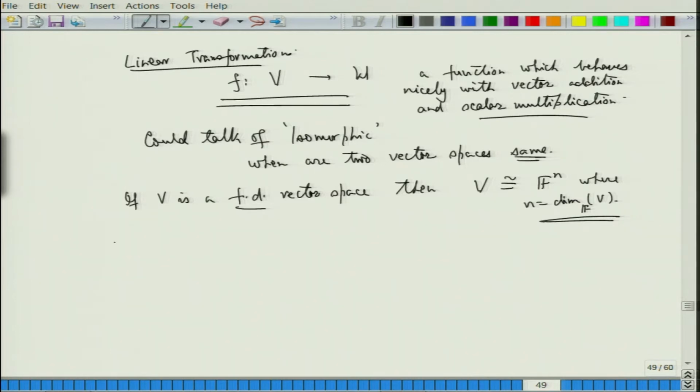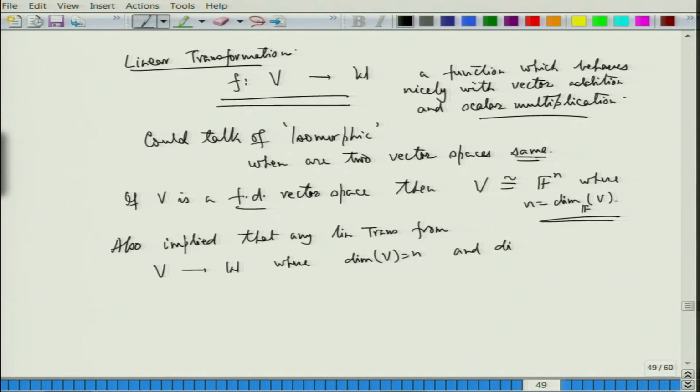This also implied that any linear transformation from V to W, where the dimension of V is n and the dimension of W is m, gives rise to a matrix of size m cross n.